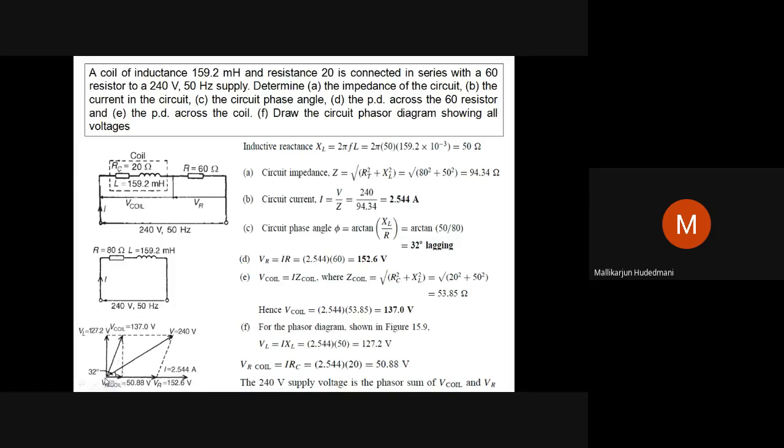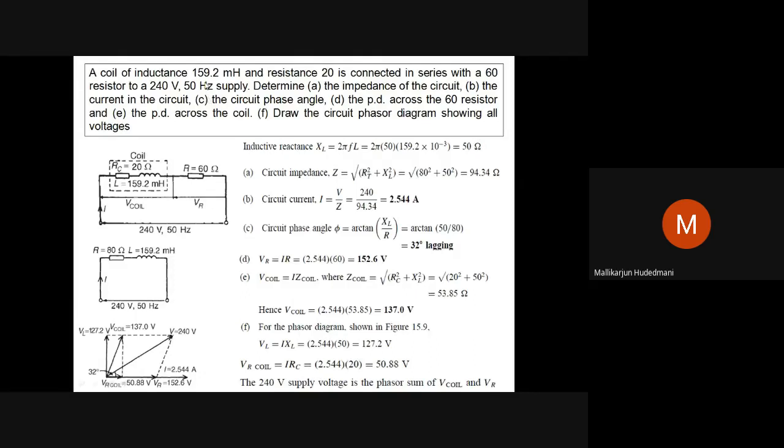VR is along the same axis as the current, because in a resistive circuit, voltage and current are in phase. So along the IRC side, I'll project forward with a suitable scale the voltage of 152.6. Then join these two in the form of a parallelogram of forces to find the resultant. The diagonal shows you 240. Just reflect it this way.